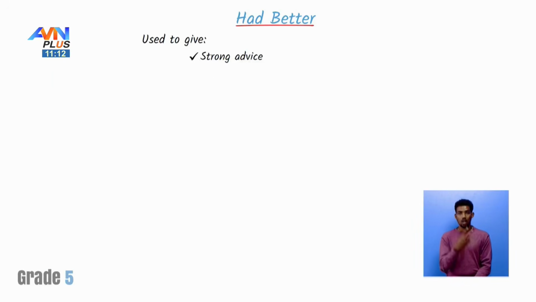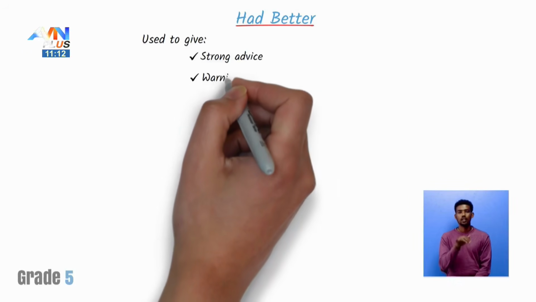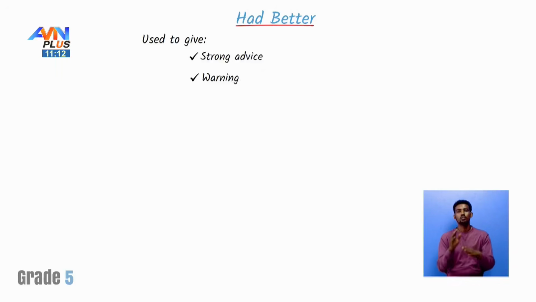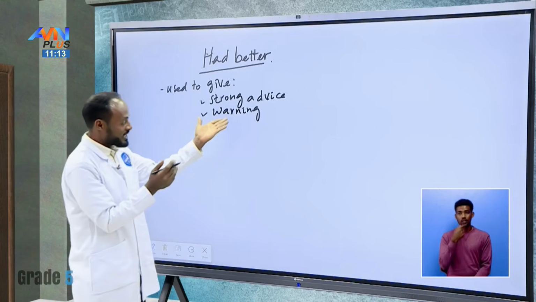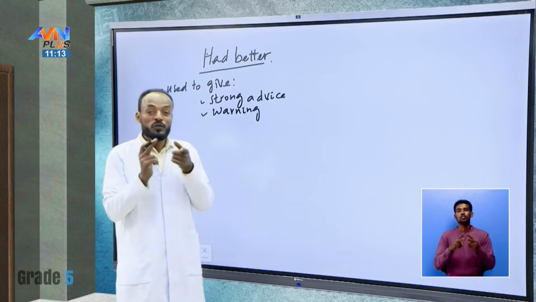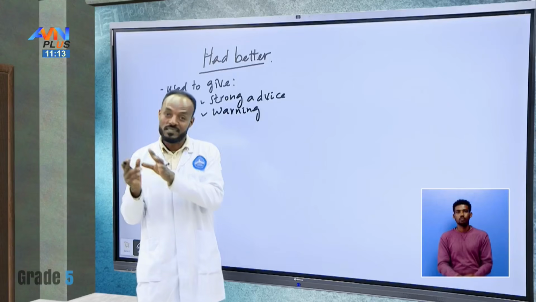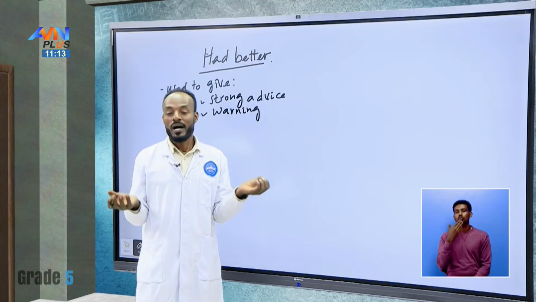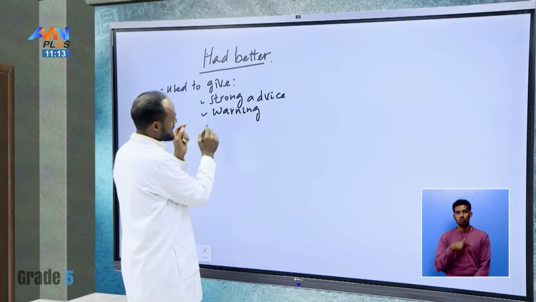What about another function, used to give what? Warning. So, when we say warning, we mean something which is very important. If you don't do it, something will happen. Something not good will happen. Am I right? Good.